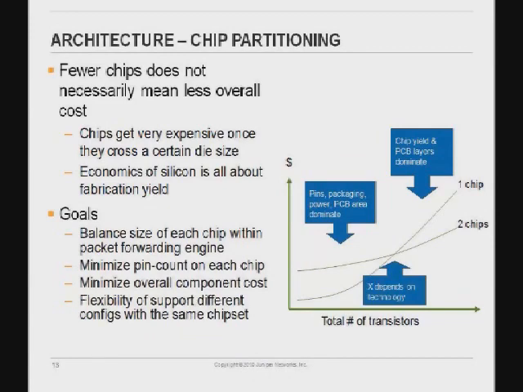So we have to keep in mind how many chips. If you look at the diagram on the right, there is a crossover point of whether one chip is the best. When the number of transistors is not humongous, one chip works, but when the total number of transistors required to accomplish the logic increases beyond a certain point, the chip cost will dominate, and the power you use to cool them may also dominate.